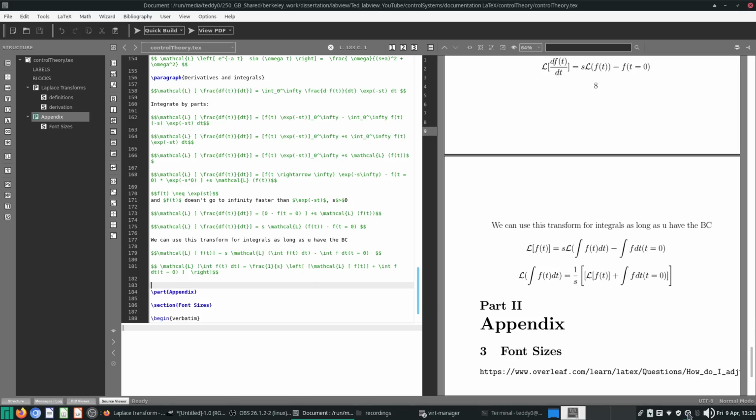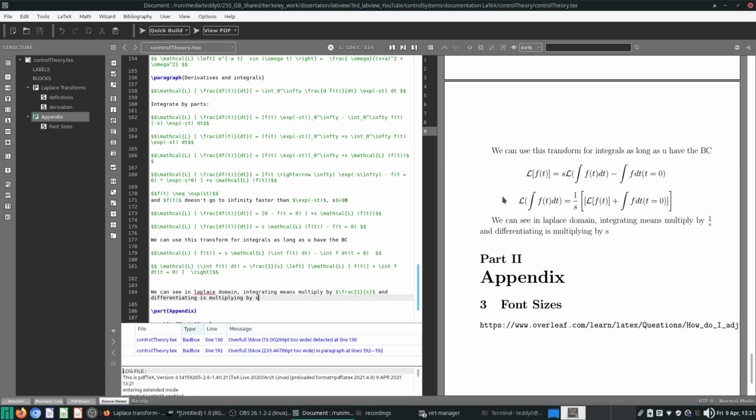So in the Laplace domain, integrating means multiply by what? 1 over s. And differentiating is multiplying by s.